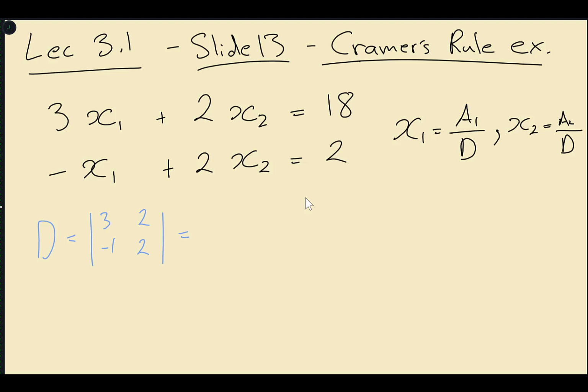This is going to equal, we first multiply the 3 by 2, so the diagonal, so 3 times 2, minus the other diagonal, so 2 times negative 1. So this is a 6, and then this is plus 2, so we get 8. This is the determinant of the coefficient matrix.